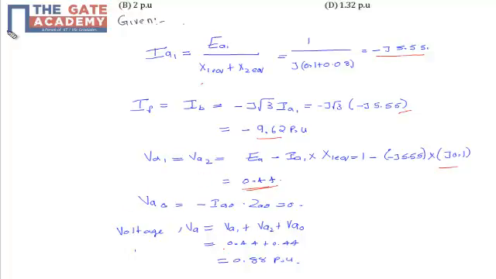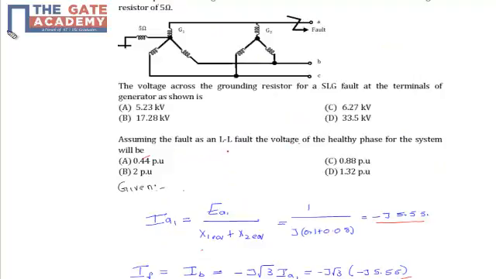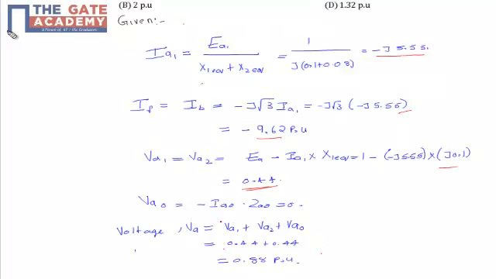Now we will find the zero sequence voltage, that is VA0 is equal to minus IA0 into ZA0. Here the fault is a line to line fault, so the zero sequence current becomes 0, and the value of VA0 becomes 0.